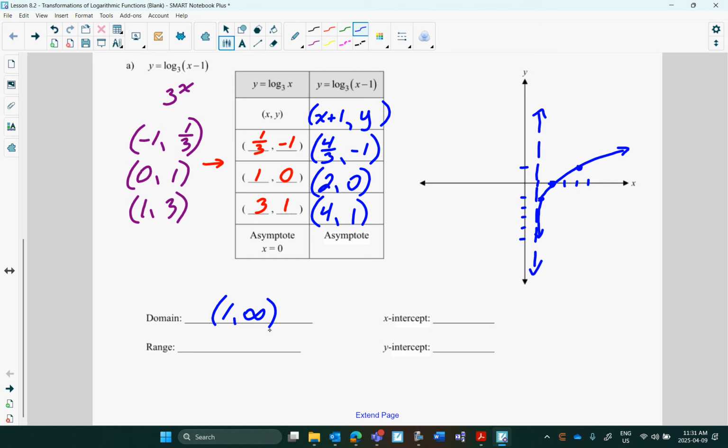Because that's an asymptote. Range? Everything, negative infinity to positive infinity. X-intercept we can see right off the graph, 2. And y-intercept we can see right off the graph. Not 0. There is none. It never hits the y-axis. It goes along here and keeps going down forever, so none.